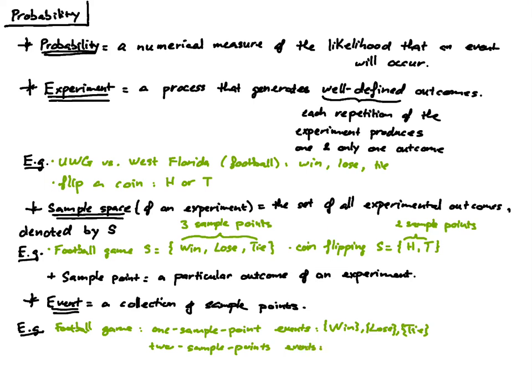For example, if I define my event as not losing, then it consists of two sample points, right? Either winning or tying.